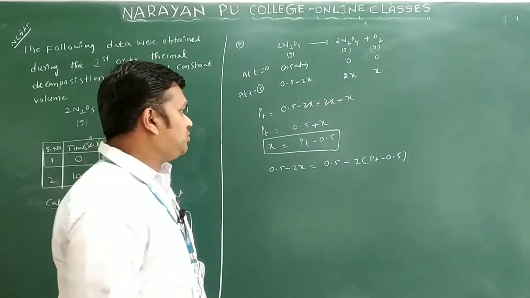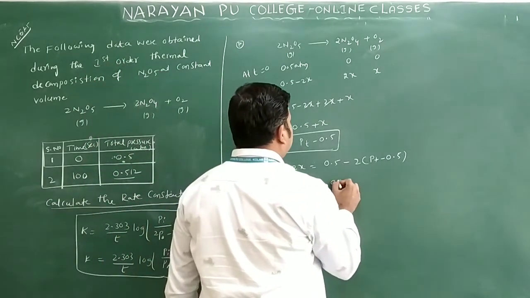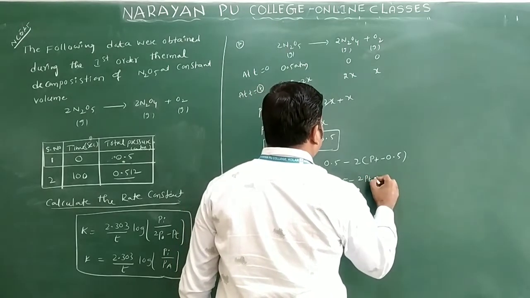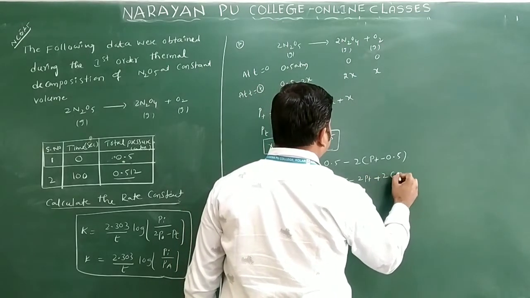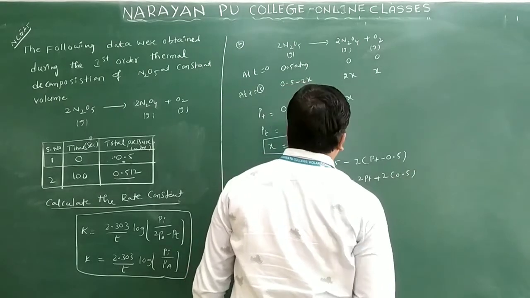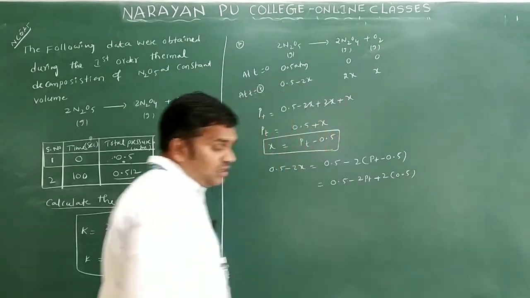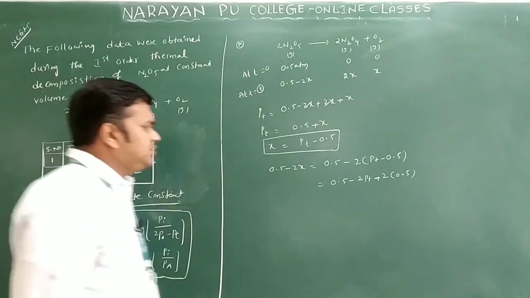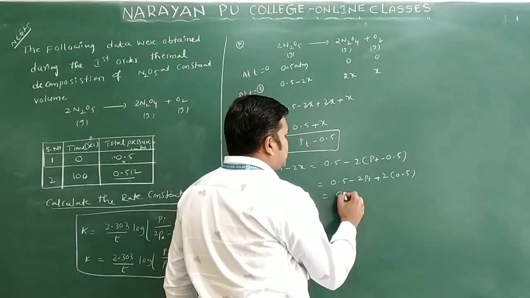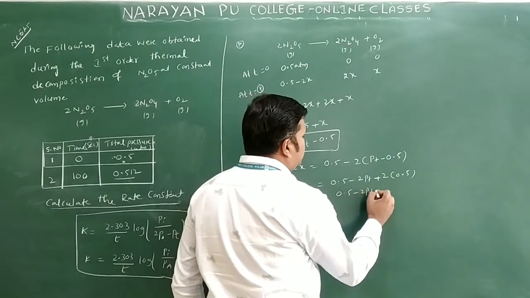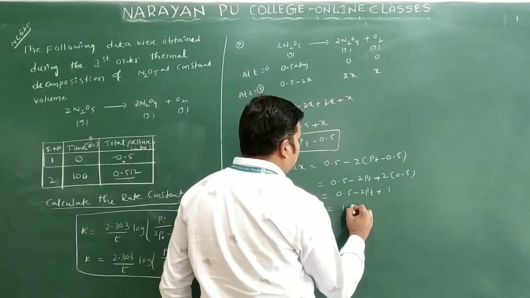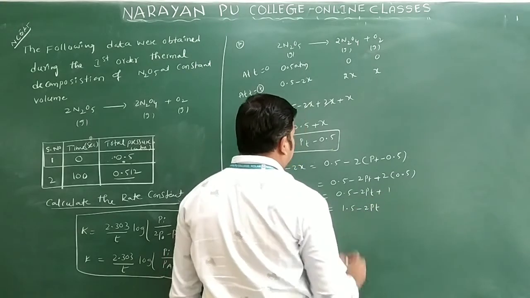So this is 0.5 minus 2 into P total plus 1. Then you will get 0.5 plus 1, that is 1.5 minus P total.